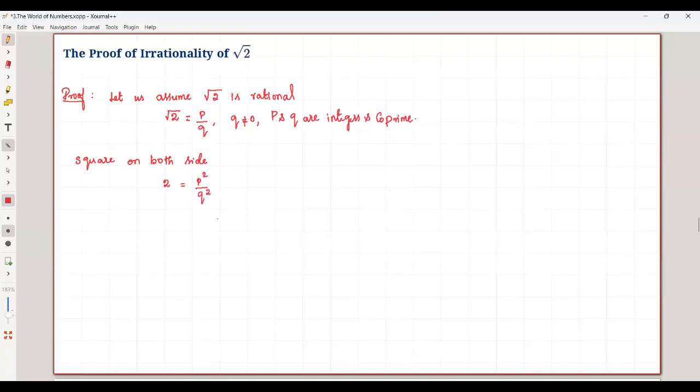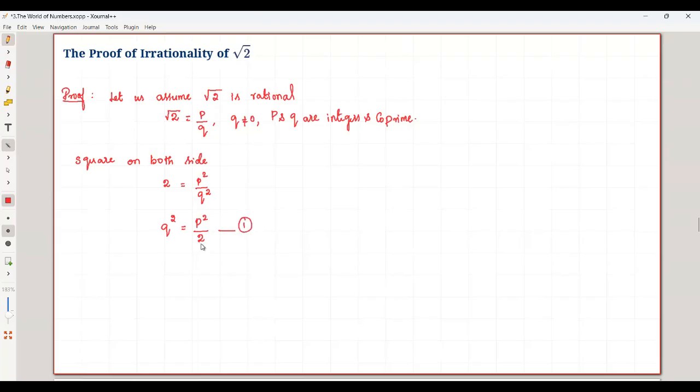Now just interchange: I bring this 2 to one side and Q square to the other side. So Q square is equal to P square by 2. I am taking this as the first equation.